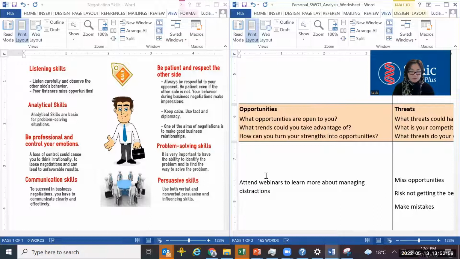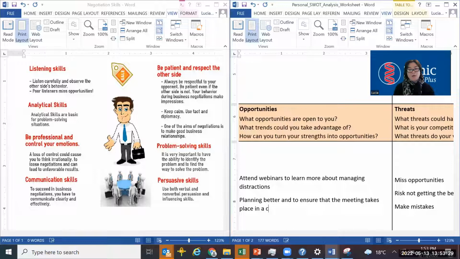Oh, planning. So if I plan better, like where should I set the meeting? How much time do we have to be able to have this negotiation meeting, so I don't rush and I'm not distracted by my own impatience. So I think planning better, and to ensure that the meeting takes place in a conducive environment.